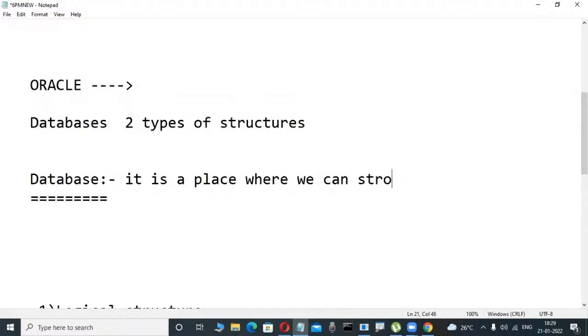They are telling only that: a structured collection of data. What is data? What is information? What is DBMS? That is later. Okay, structured collection of data.